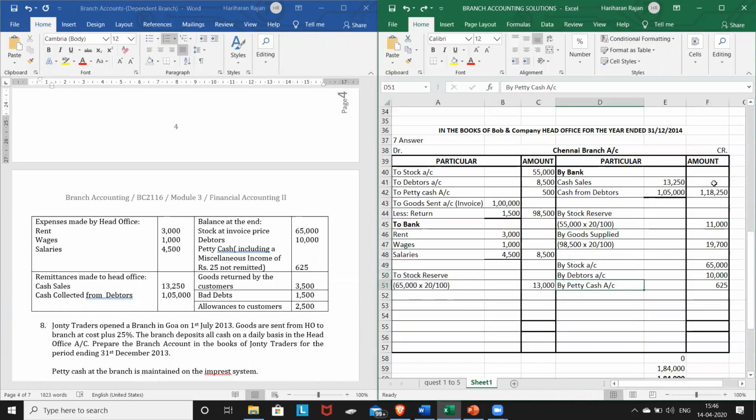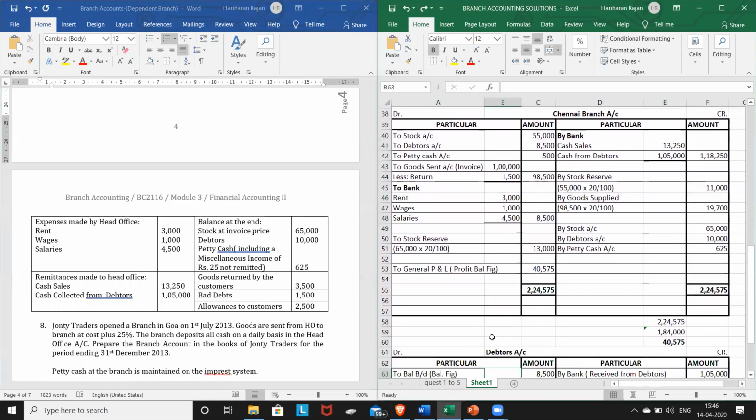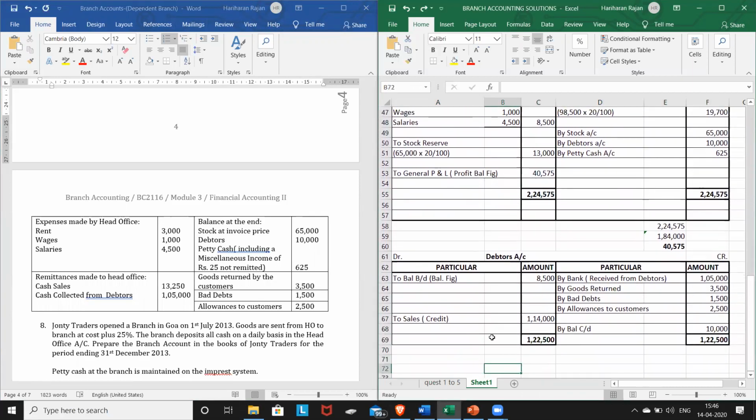So it is very simple. The highest amount is on the credit side, so I'll record the highest amount on both sides: 2,24,000. The profit is 40,575. We also prepared the debtors account. So both accounts are prepared and the problem is solved.